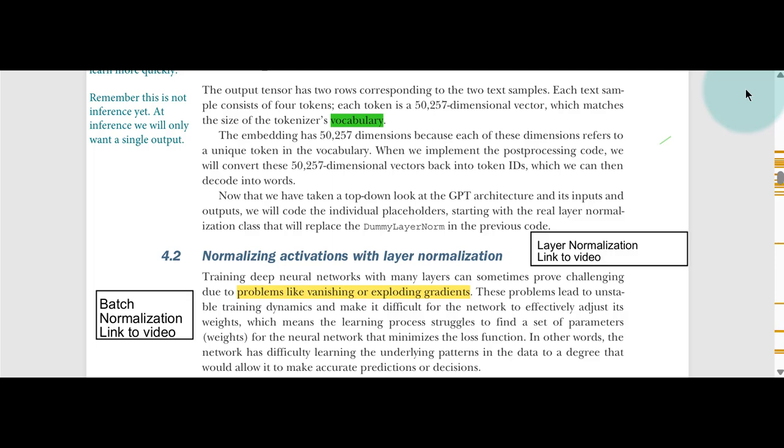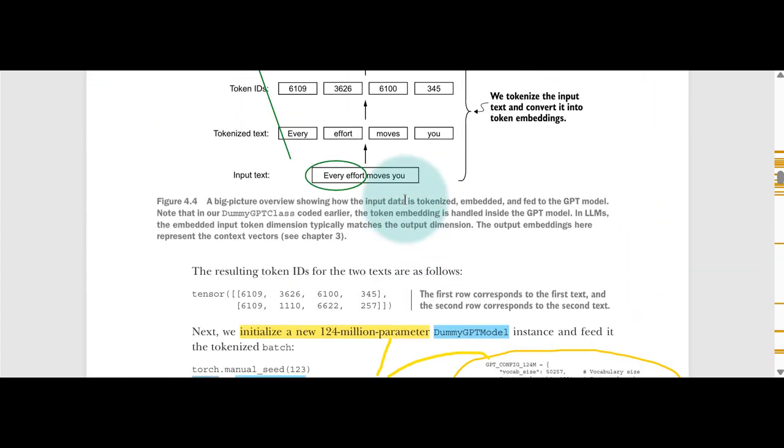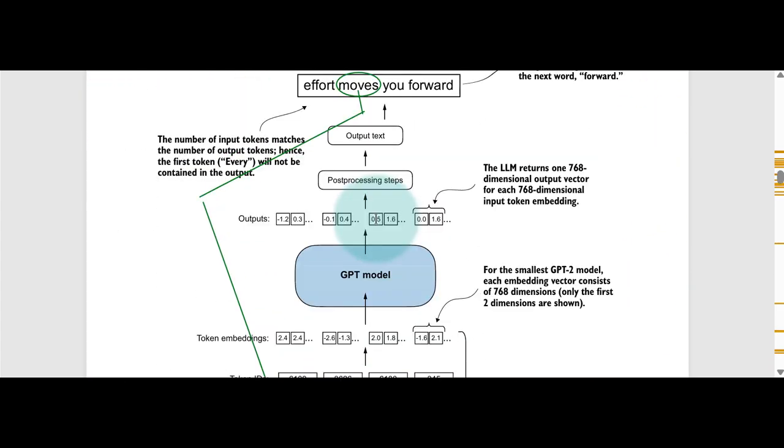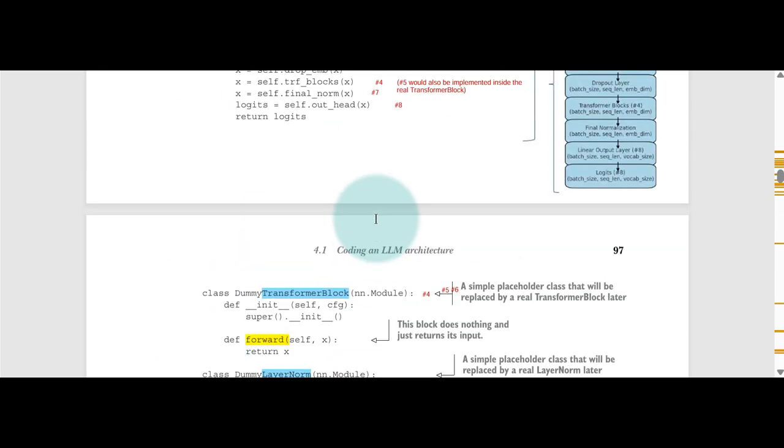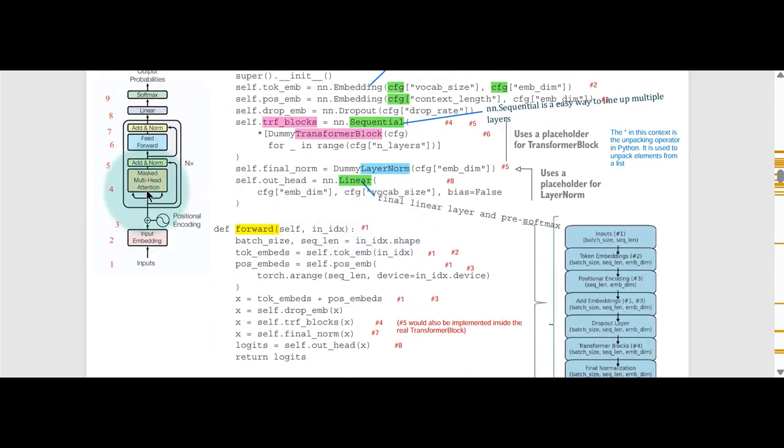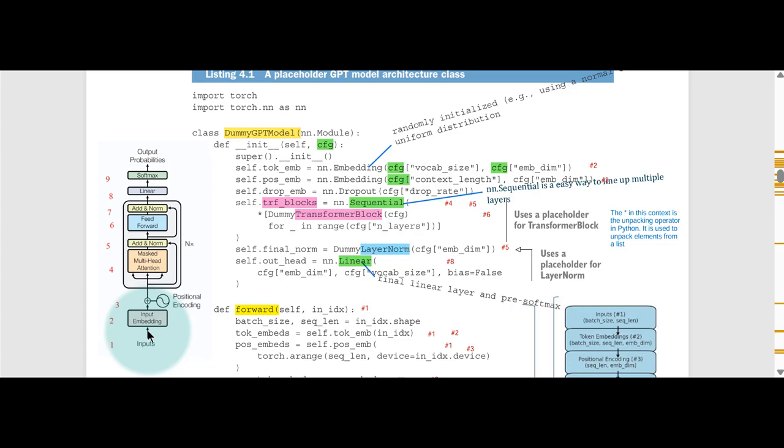Okay, so now we've done just a little bit so far of this GPT model. We said that it looks like this, and I think it includes this as an input. Yeah, it doesn't include the softmax, but it does include the linear layer.